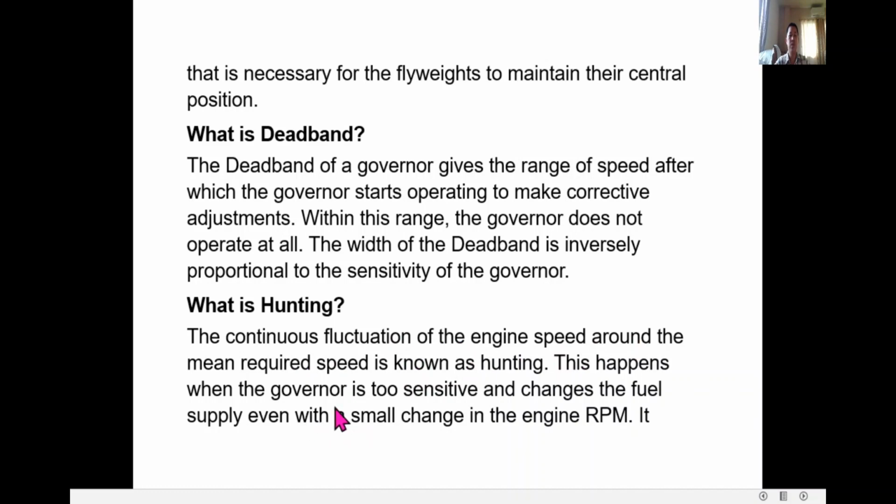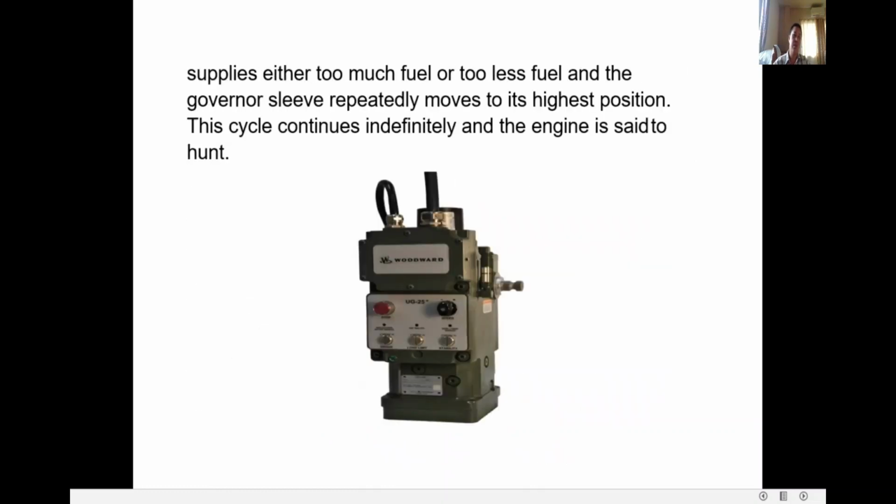This happens when the governor is too sensitive and changes the fuel supply even with small changes in the engine RPM. So it supplies either too much fuel or too little fuel, and the governor repeatedly moves to its highest position. This cycle continues infinitely and the engine is said to hunt.